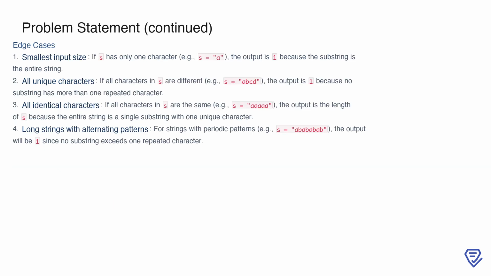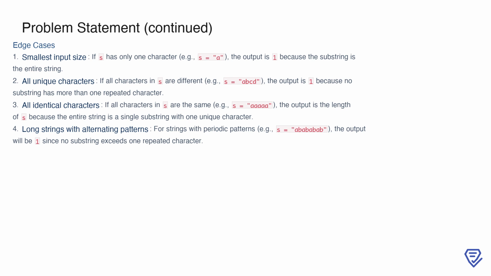When thinking about edge cases, consider scenarios like the smallest input size. For example, if S has only one character, such as S equals A, the output will obviously be 1, since the entire string is the substring. If all characters in S are unique, such as S equals ABCD, the output will also be 1, as no substring has more than one repeated character.